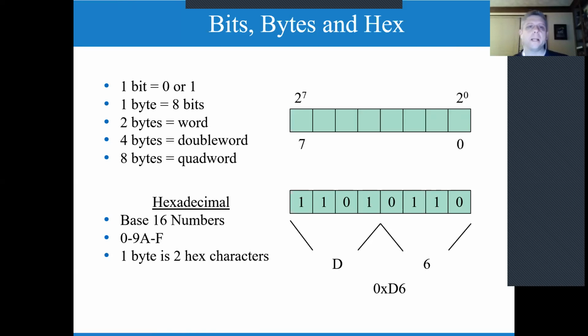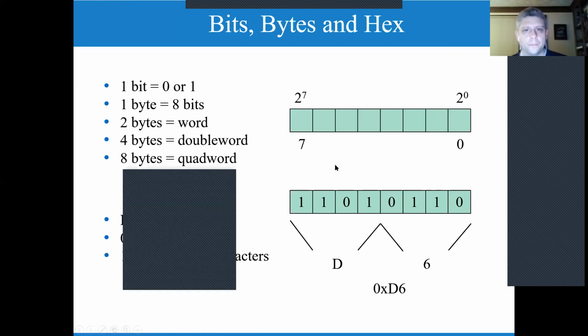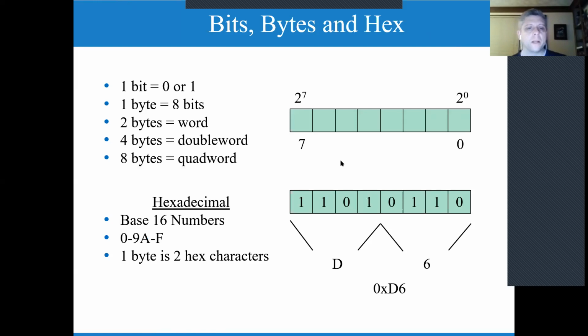And so this byte here is represented as D6, or hexadecimal D6. The biggest thing to take from here is just remember that 1 byte is 8 bits, and it's represented by 2 hexadecimal characters.